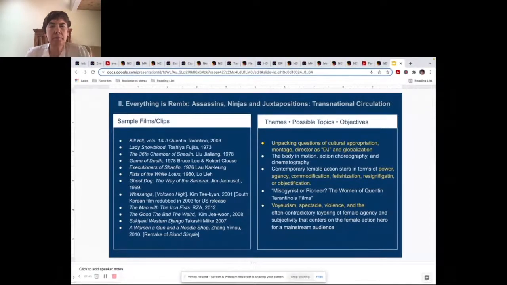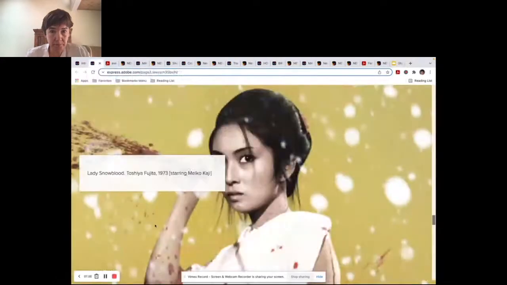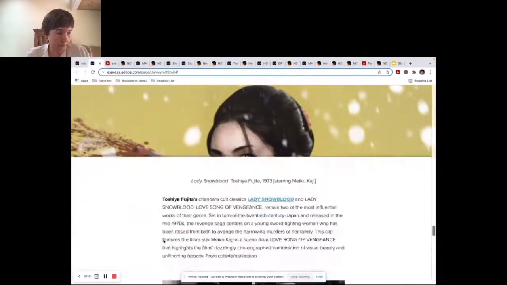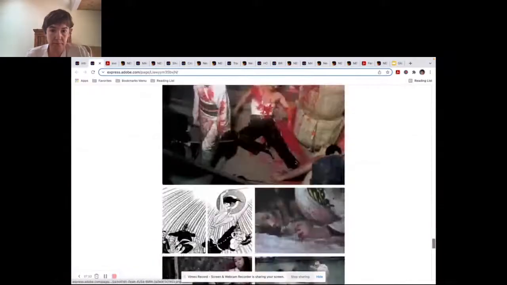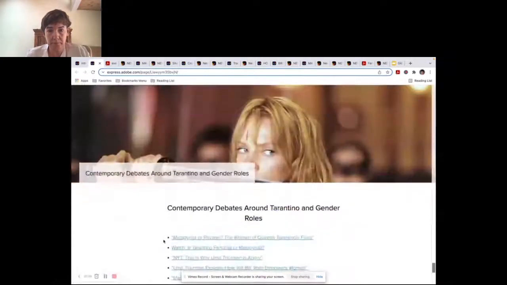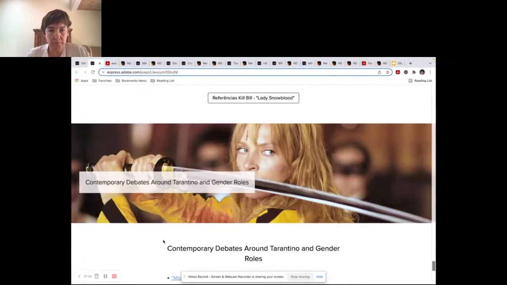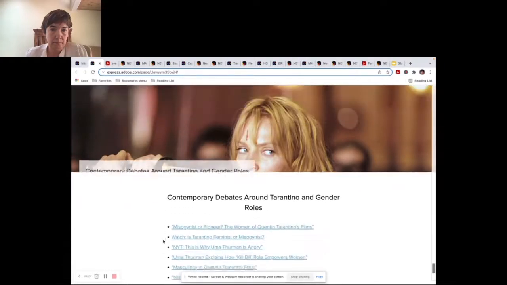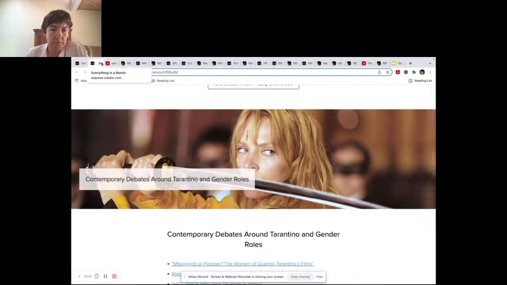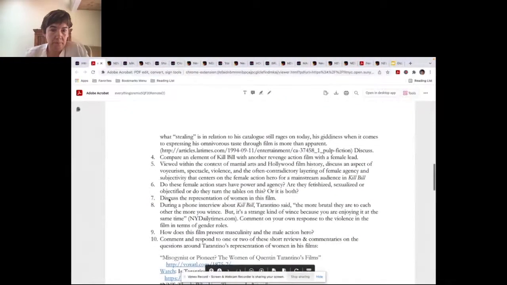Usually we go with Kill Bill, but students also explore this idea in many different directions. Recently, in the post Me Too environment, students are much more interested in some of the debates around Tarantino and gender roles. So that arises even more interesting discussion.